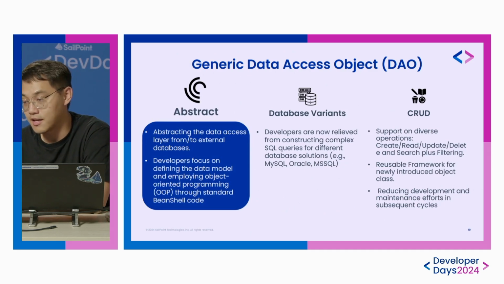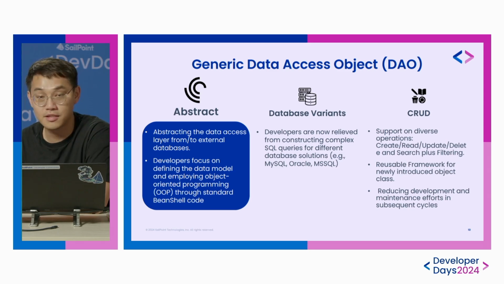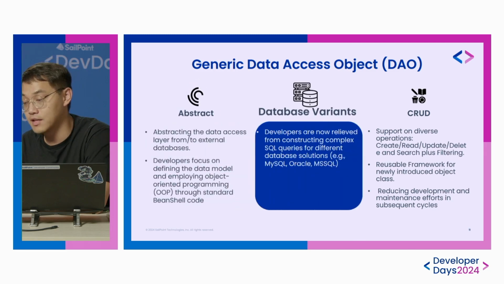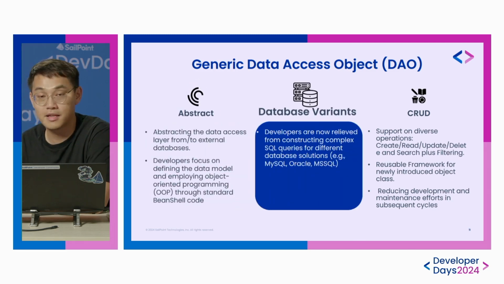I just call it the DAO class. First, abstraction: this generic DAO class will abstract the data access to the databases. Developers can then focus on defining the data models and utilizing OOP in the business logic code. Next, it should support different database variations, such as MySQL, Oracle, and SQL Server.